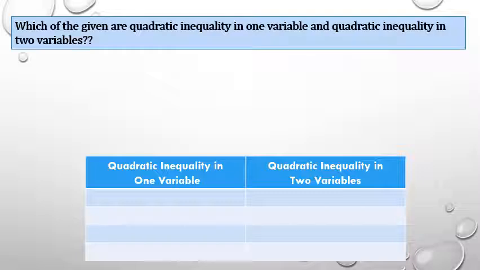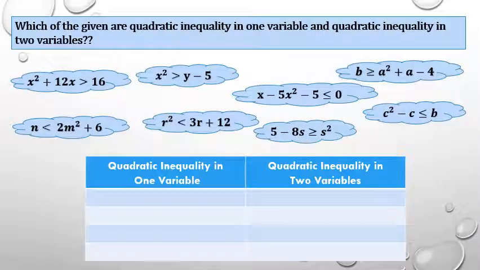Which of the given are quadratic inequality in one variable and quadratic inequality in two variables? Ito ang given. So, para mabilis na ma-identify ang quadratic inequality in one variable and quadratic inequality in two variables, pag quadratic inequality in one variable, isang variable lang ang ginamit sa given quadratic inequality.